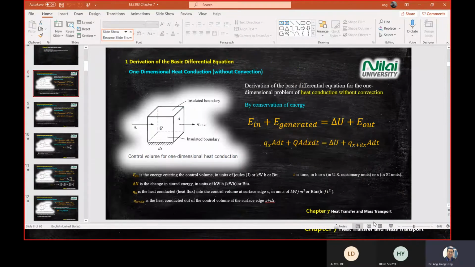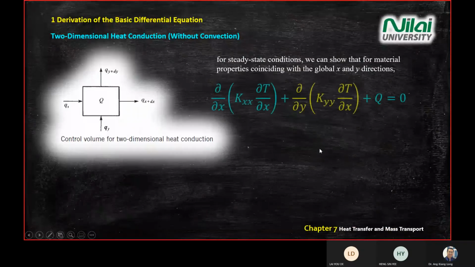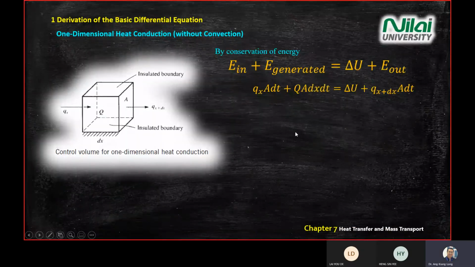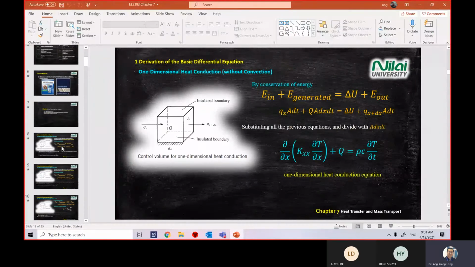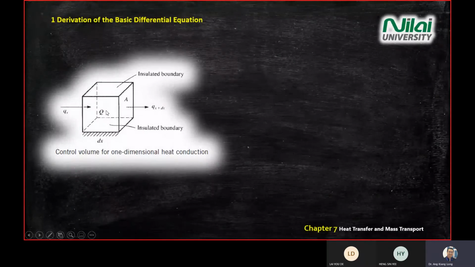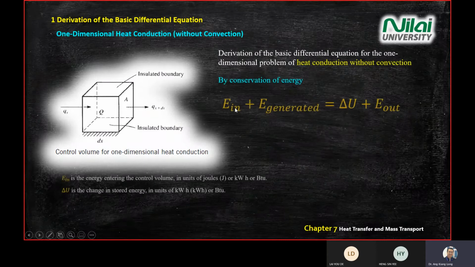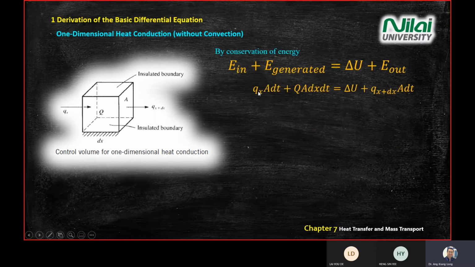This morning we introduced this equation with this diagram of one-dimensional heat transfer in the x direction, and you're seeing the first conservation of energy equation, and then a small q sub x, and so on.